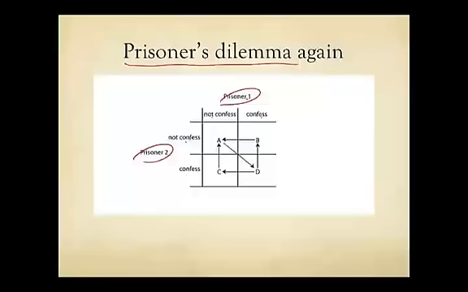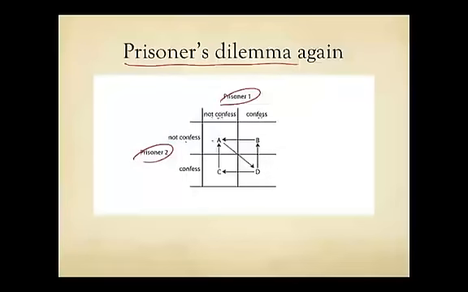Prisoner 1 can be the decisive voter between confess or not confess, between the 2 columns. And prisoner 1 would say, you know what, I think confess is better than not confess in any case.